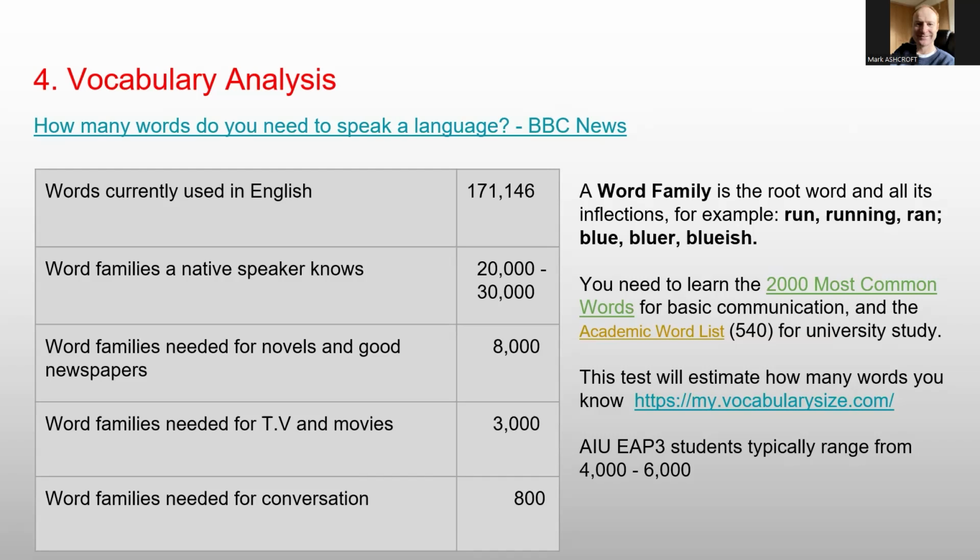However, the 2,000 most common words and the academic word list words are crucial for university study. Okay, so in your EAP reading class, you'll be focusing on the academic word list words. Okay. And AIU EAP 3 students typically range from around 4,000 to 6,000 words.